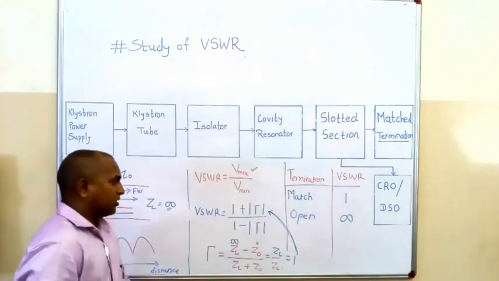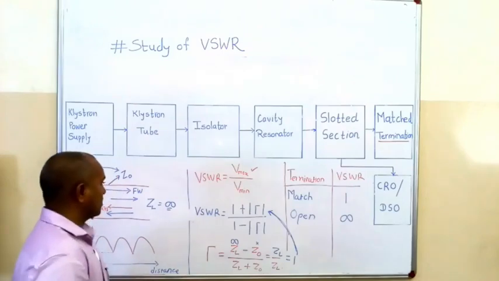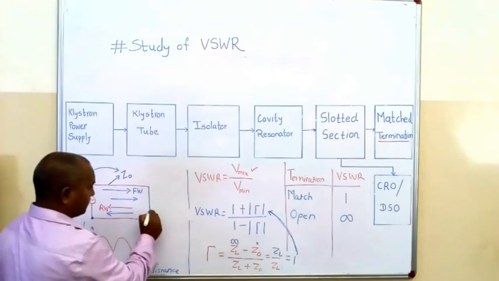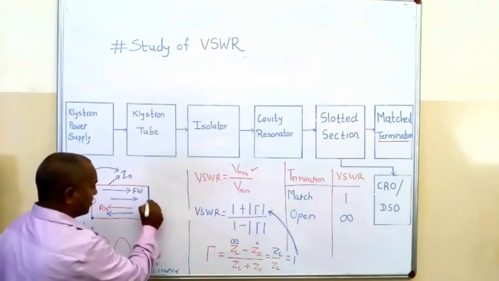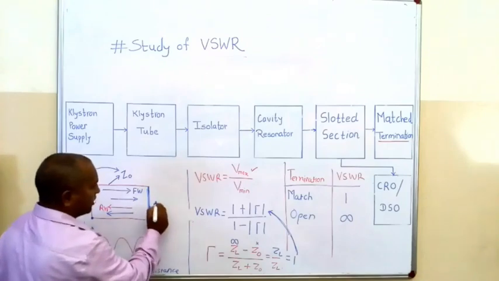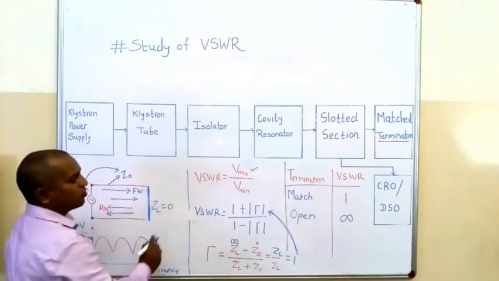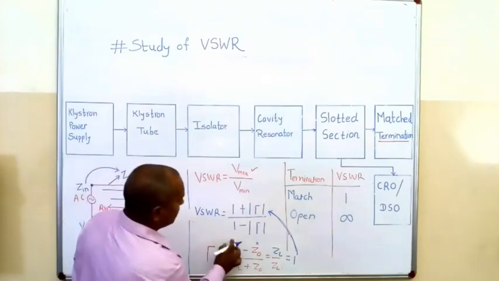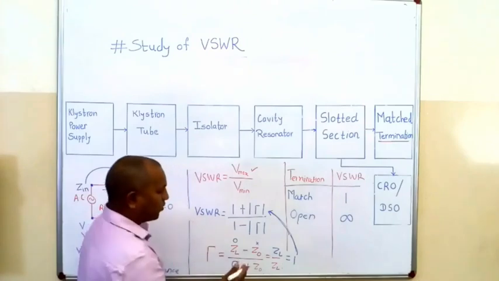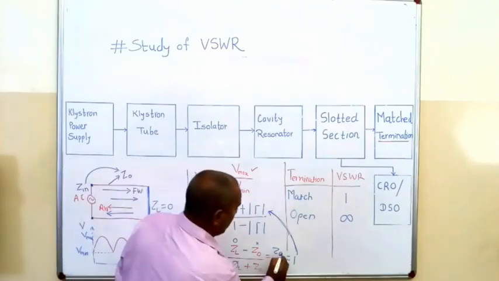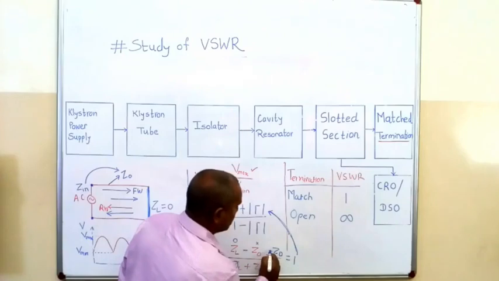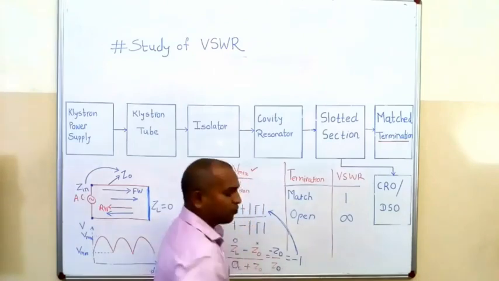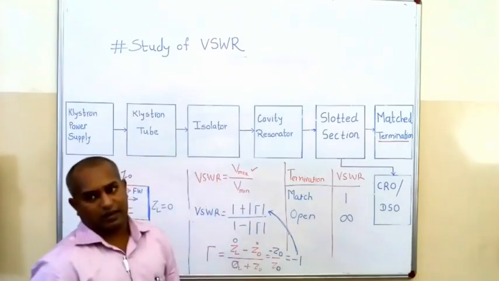Now my third and last case is a short circuit. Short circuit means my ZL is equal to 0. If I put ZL equal to 0 here and here, what will happen? My answer is ZO divided by ZO, but with a minus sign. So the magnitude of the reflection coefficient is 1, but with some angle.